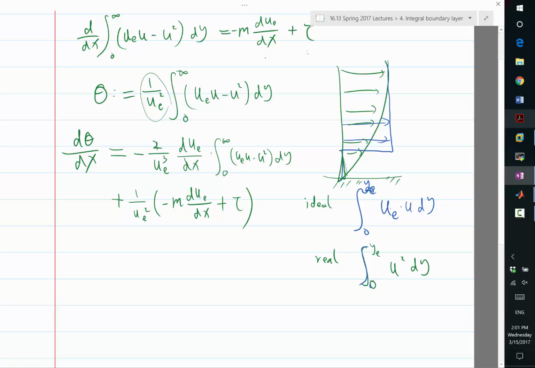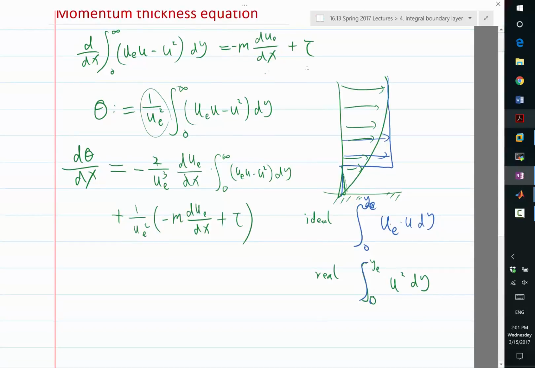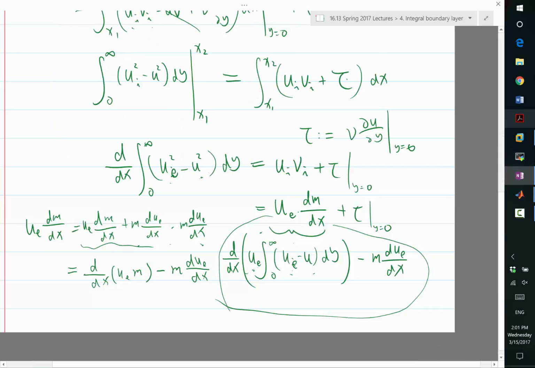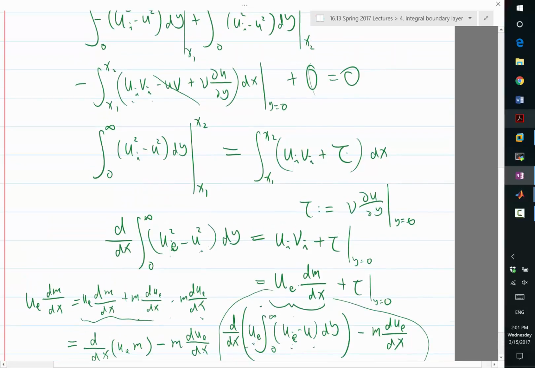I think there is a density I'm missing somewhere. I think this should be tau over rho. Let me see, where did I miss it? Oh, okay, so here. I think I dropped it because of incompatibility. So the real tau should be 1 over rho times that. Is that right?